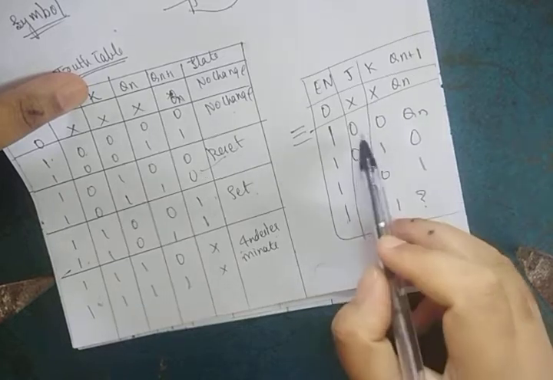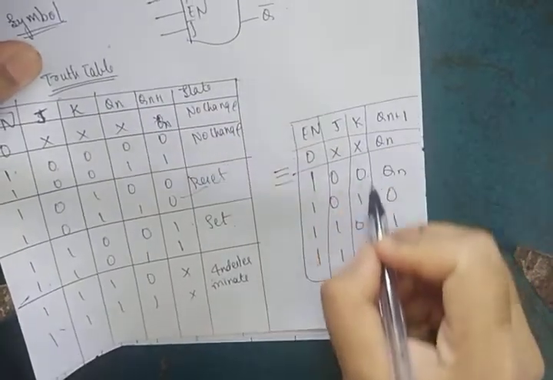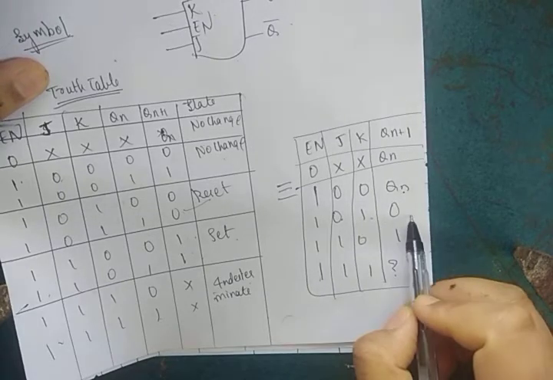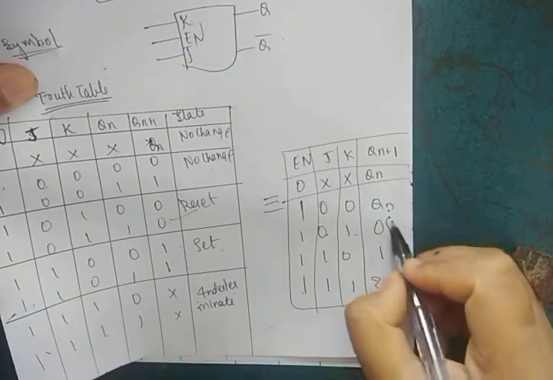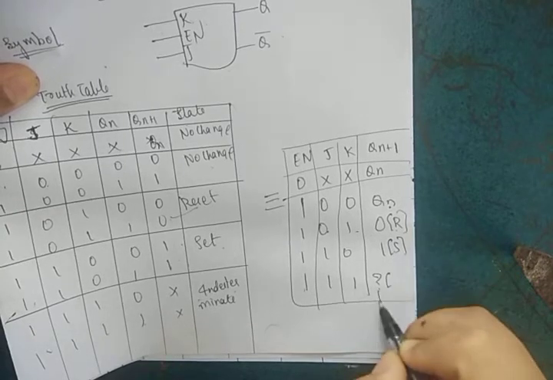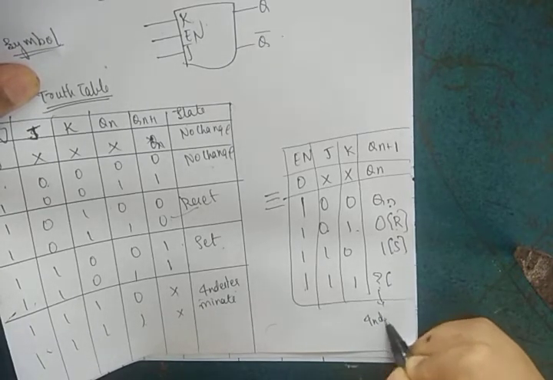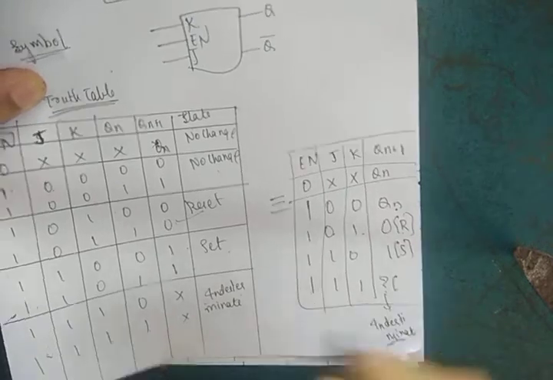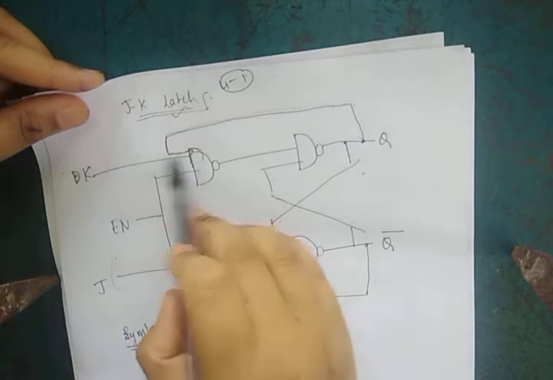If enable is 1, then 0, 0 means previous state as usual, 1, 0 means reset, this is set, and this is the indeterminate state. Everything is the same except this connection. This is the JK latch.